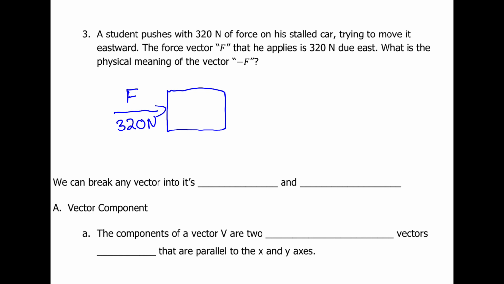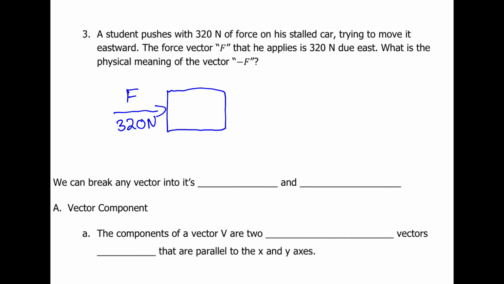We don't need to get our shading pencils out. We draw simple geometric shapes when we're doing physics diagrams: squares, circles, triangles, arrows. Simple geometry. I don't want to see any perspective relief drawings of cars while doing physics questions. It's not worth your time, and it's generally just going to be more confusing and details might get lost. So this is the push on the car in this case.